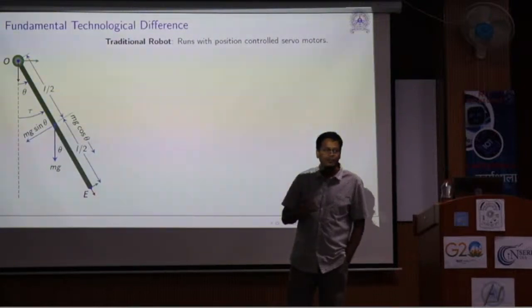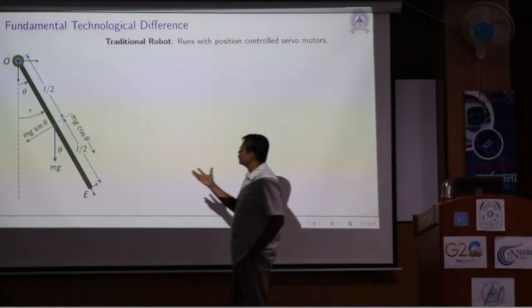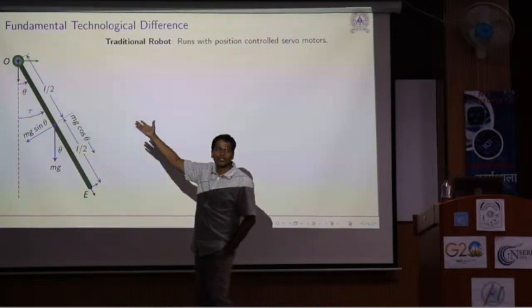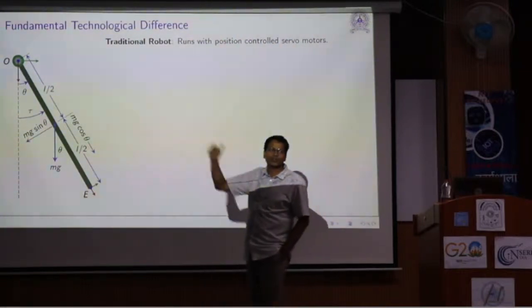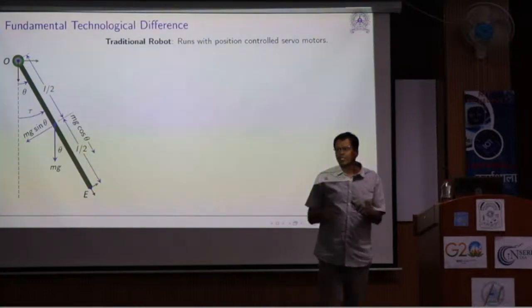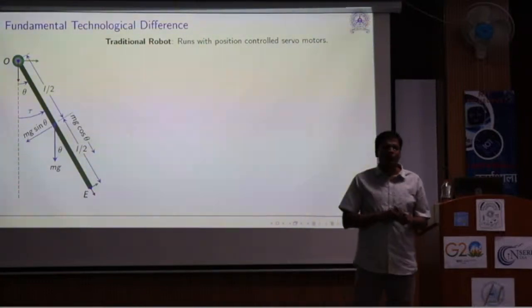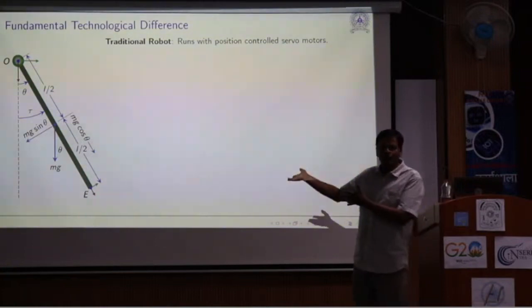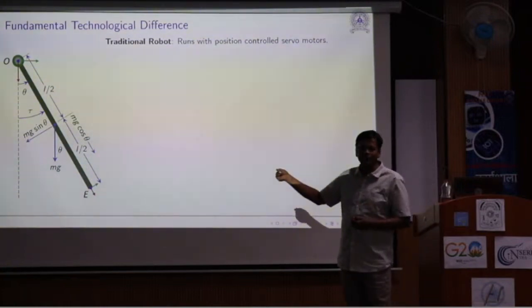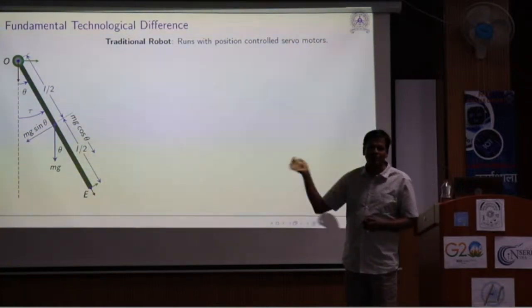Any link which is driven by torque, not by position feedback, is very, very safe. So all the cobots, there is a fundamental difference: it runs not by the joint angle, it runs by the joint torque. Torque से चलाएंगे, will be safe. Is it true all the time? Any query here? सवाल उठनी चाहिए, physics है.